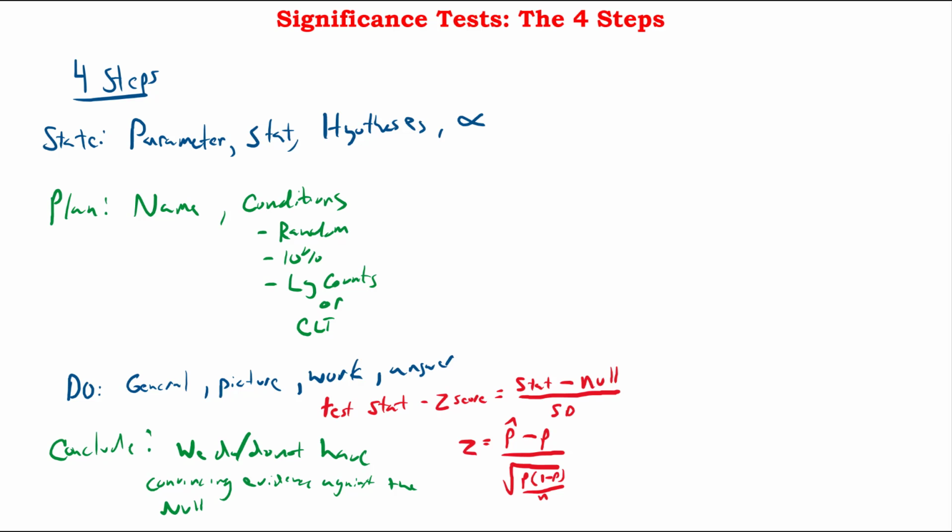Okay? And that again is all dependent upon your p-value you get and when you compare it to your significance level, right? So that is going to be your 4 steps.